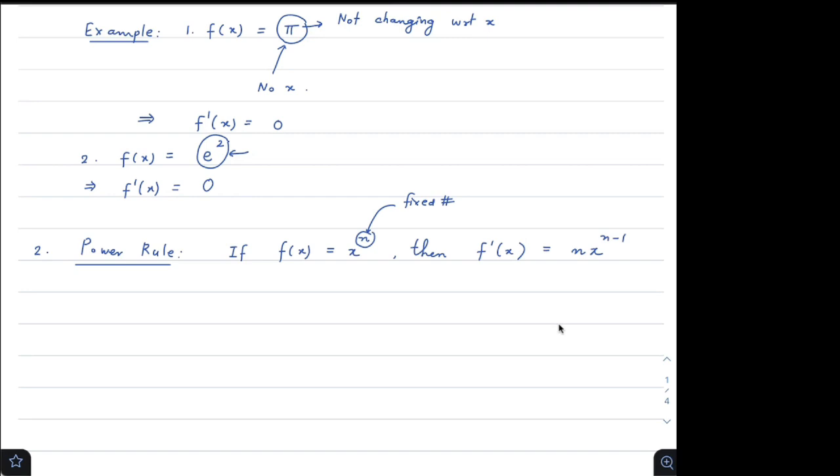Now let us consider some examples for this one. What if my function is defined as x to the power 4? Well, then your derivative will be 4, which comes to the front, and the power gets decreased by 1. So 4 minus 1, that's just 3.